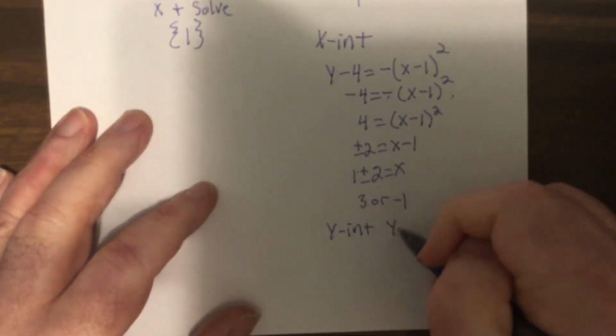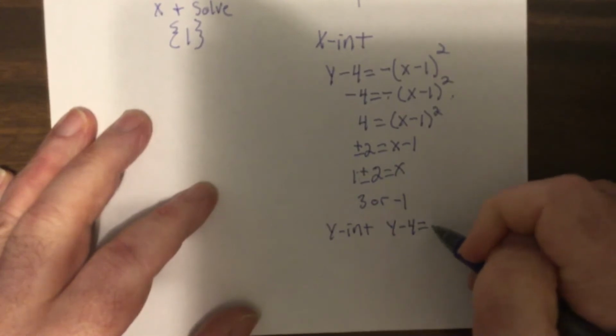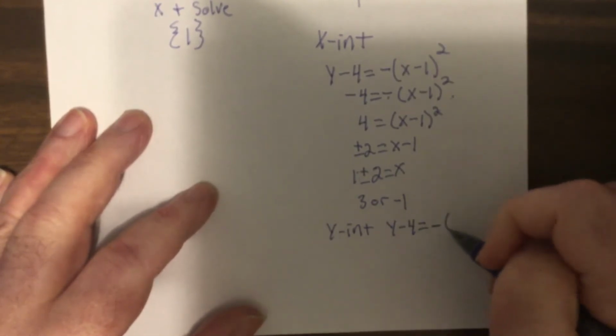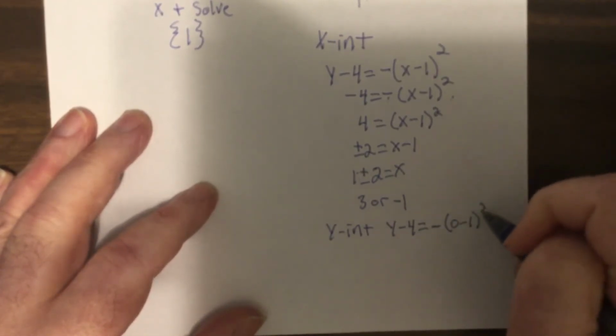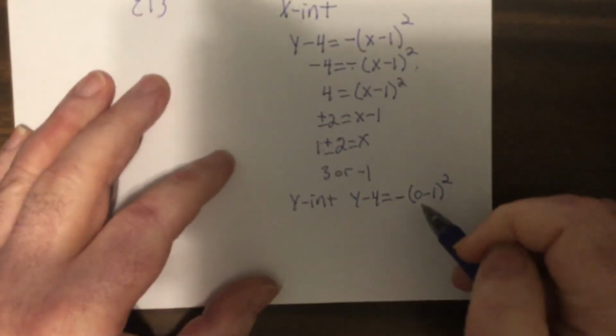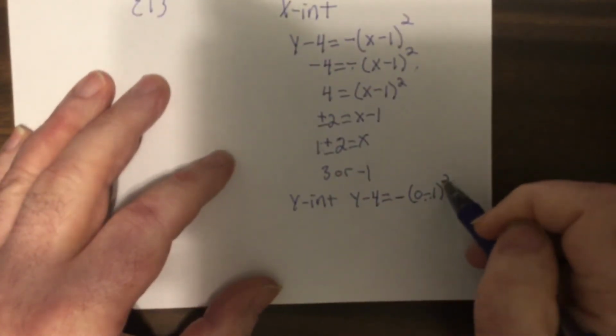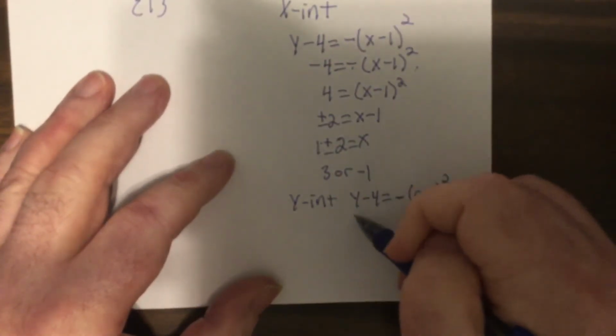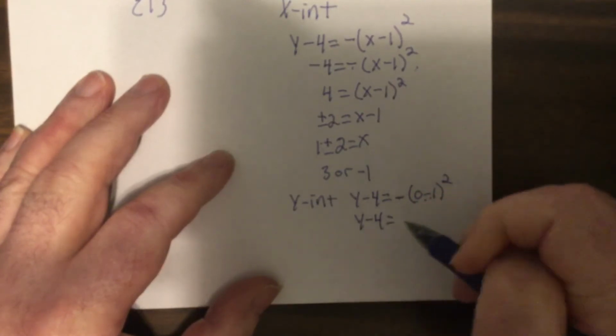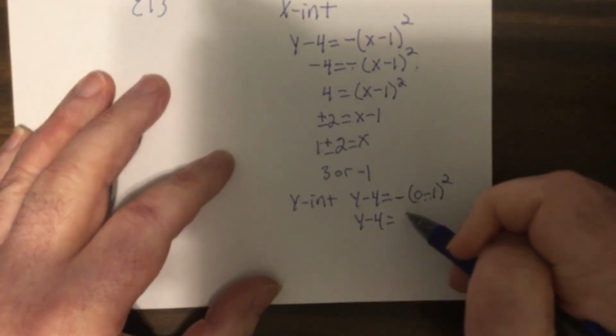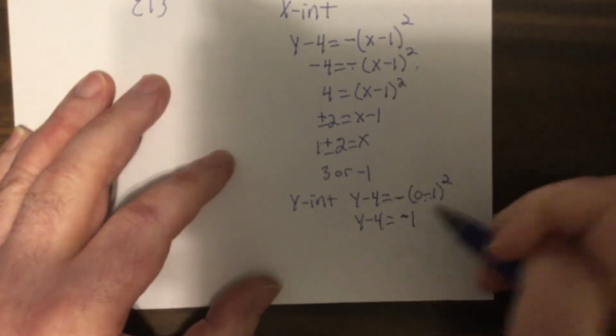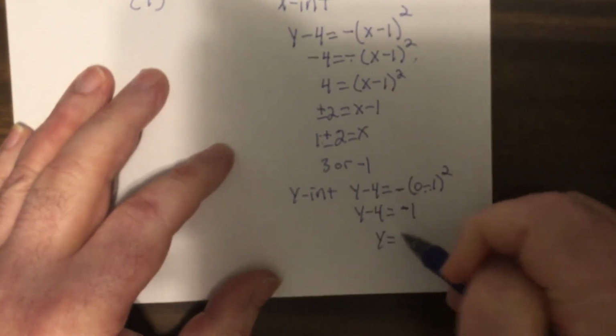So we'd have y minus 4, and I put 0 in for x. So 0 minus 1 is negative 1. Squared is 1. Take the opposite, and that's minus 1. Then I add 4.